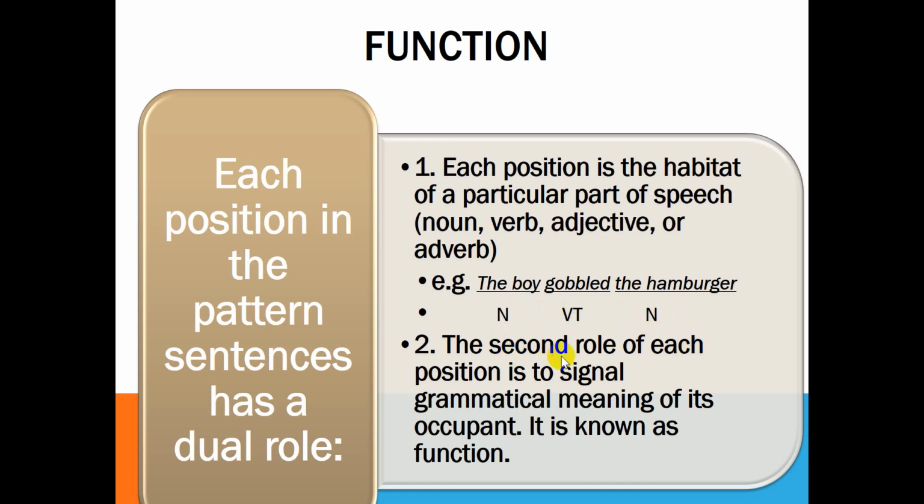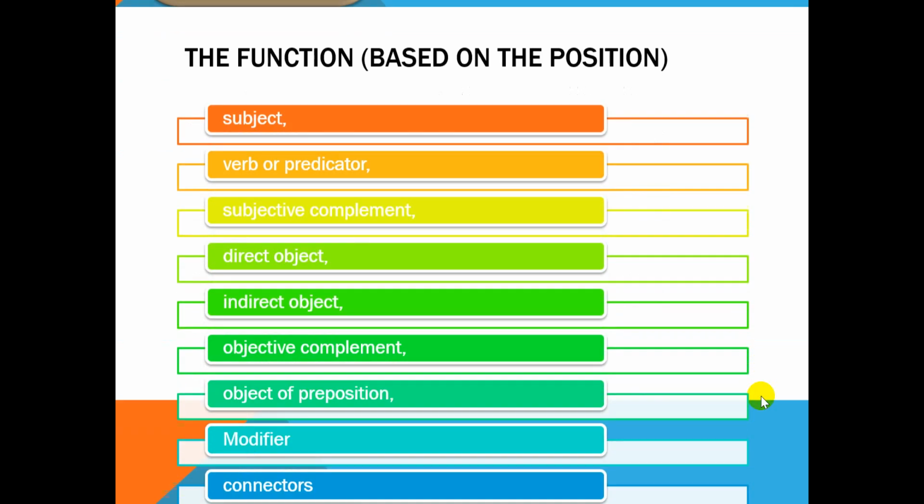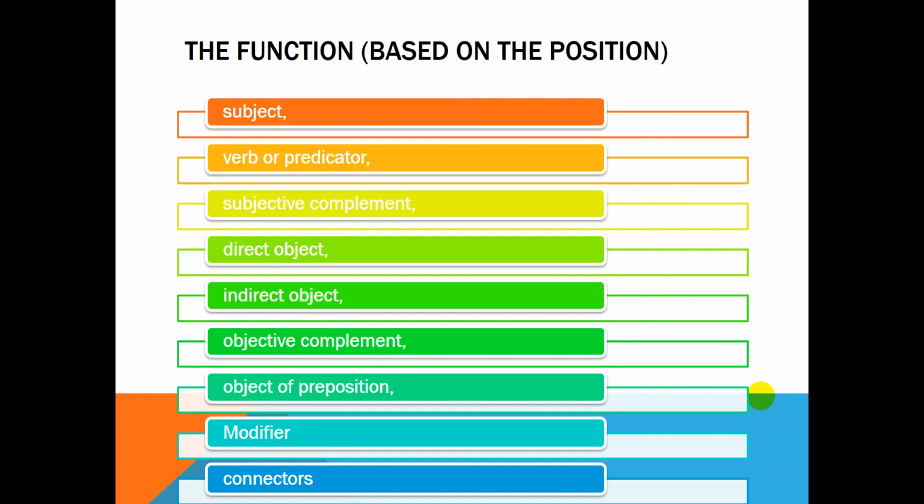However, the second role of each position is to signal the grammatical meaning, which we know as the function. The boy here is the subject, and the hamburger here is the direct object. These are the functions that can be filled in the position of words in the sentence.